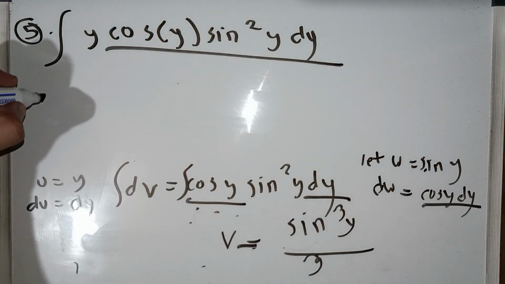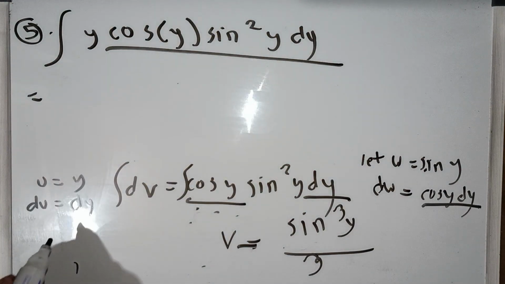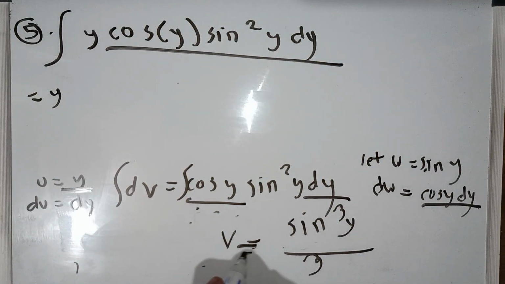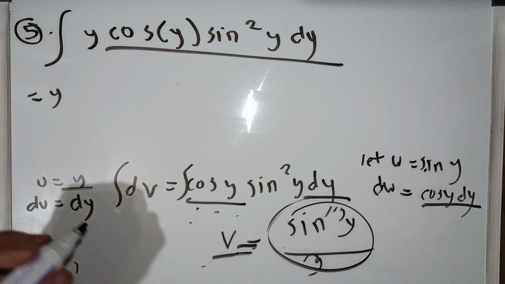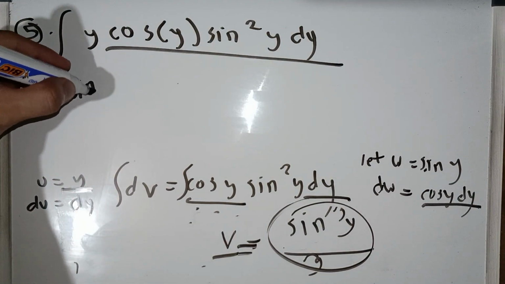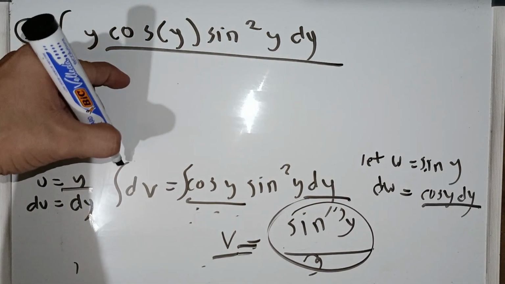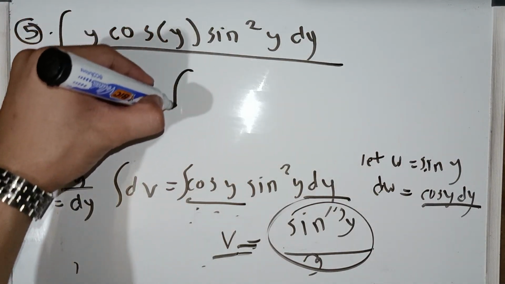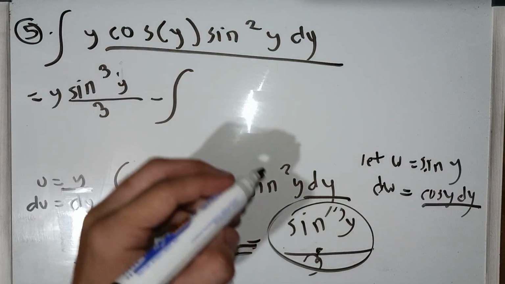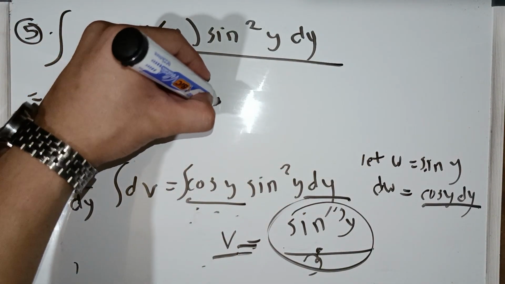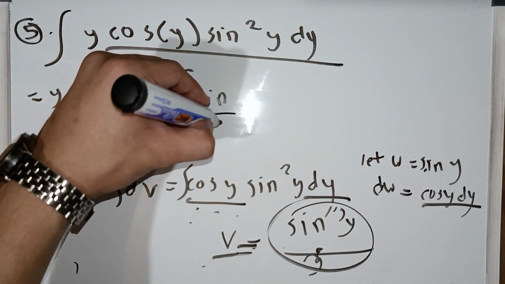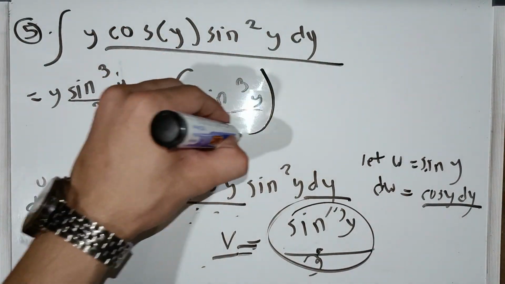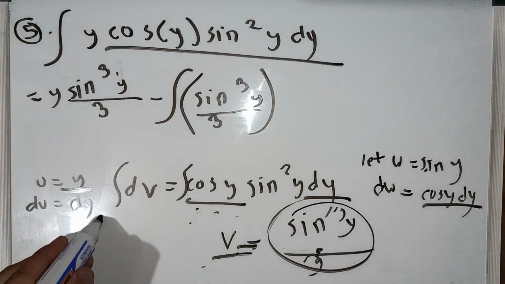So that is equal to u, which is y, multiplied by v, which is sine cube y all over 3, minus the integral of our v, which is this one. Copy that one and multiply by our du, which is dy.